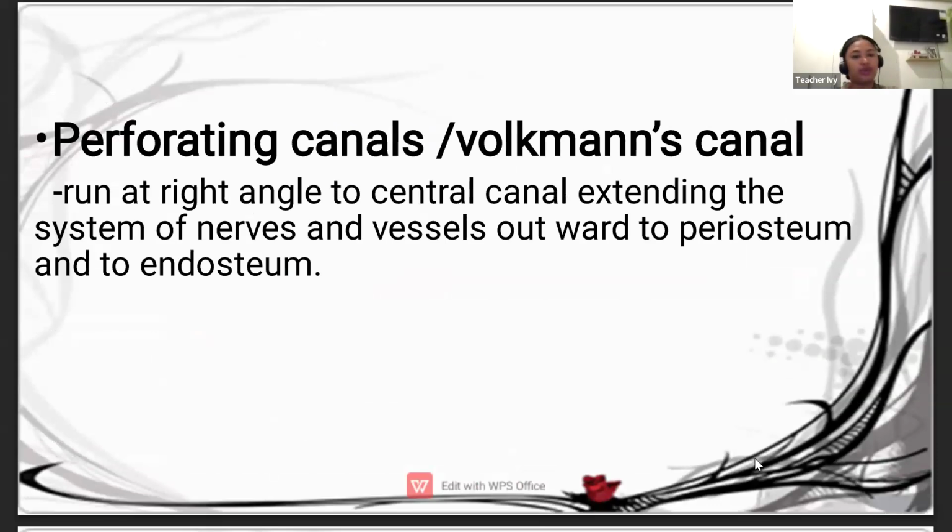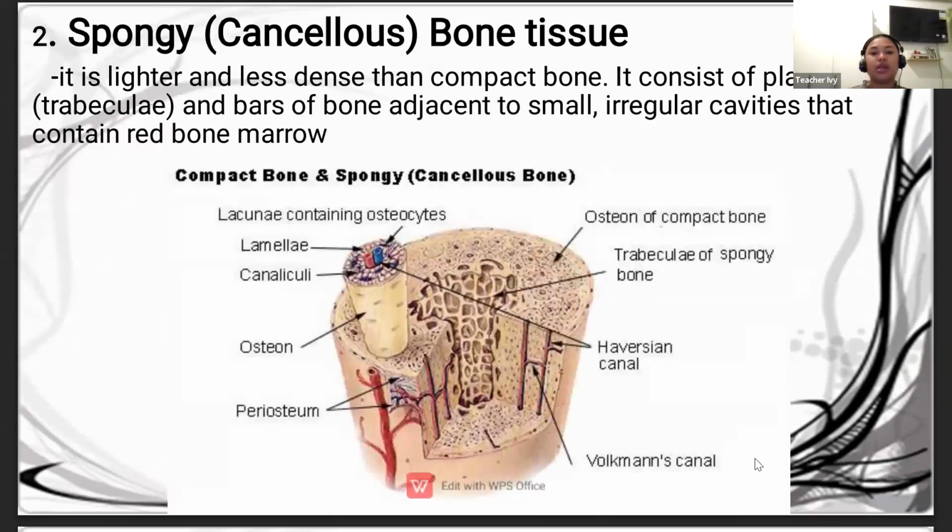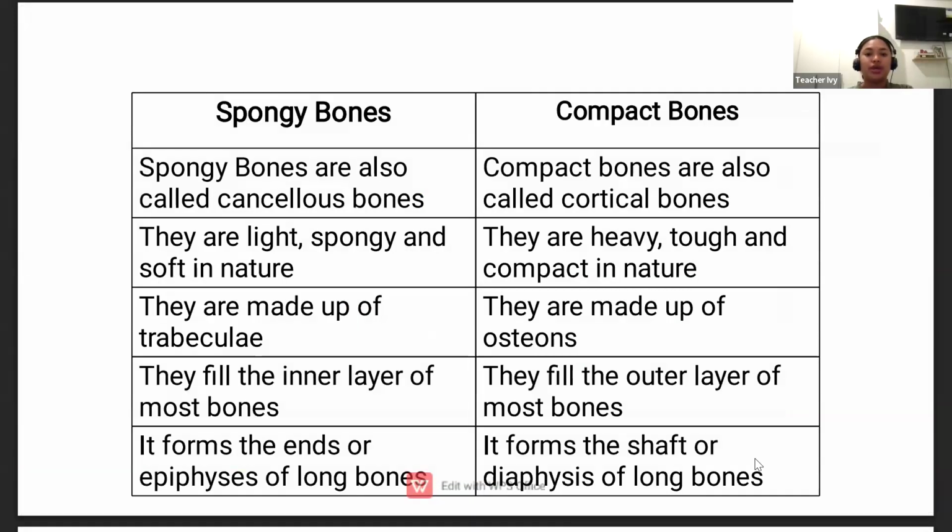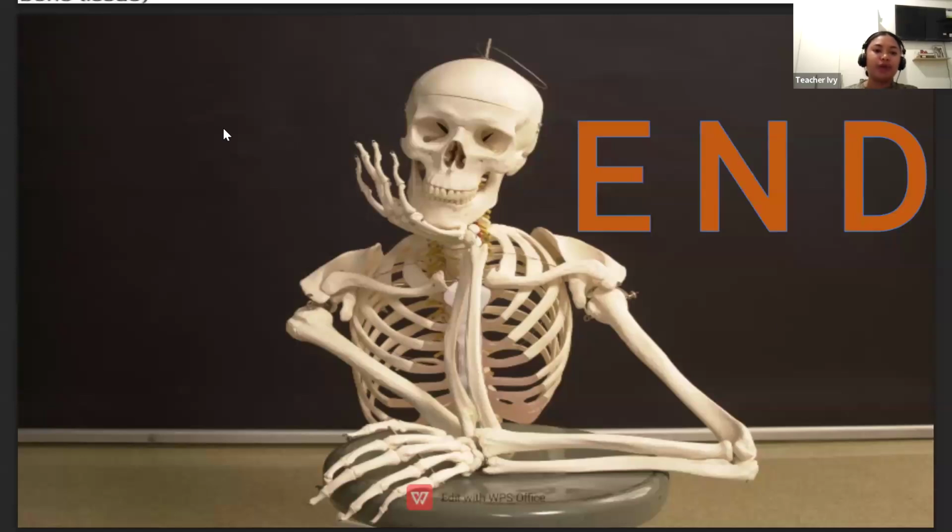Next meeting, since we already discussed this one, we're just going to have a recap on the spongy and compact bone. So you should recall and study our lesson. I'm going to send this right after so that you can answer our quiz, okay?